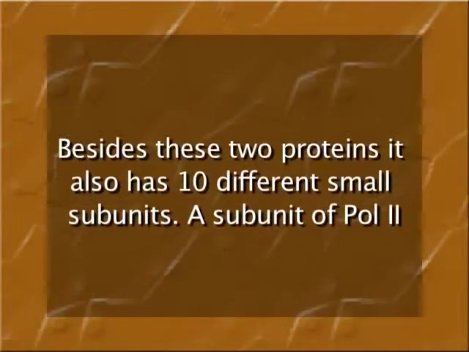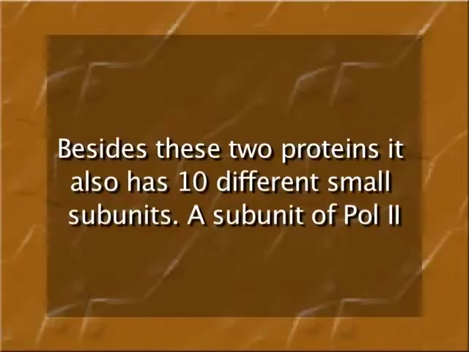The 200 kD subunit is similar to the beta subunit of E. coli RNA polymerase and has a similar function of template binding. Besides these 2 proteins, it also has 10 different small subunits.